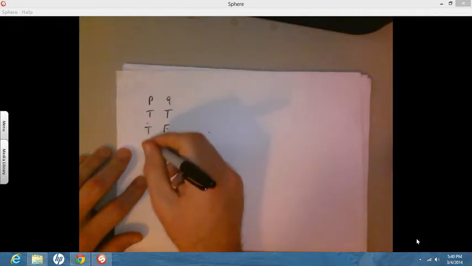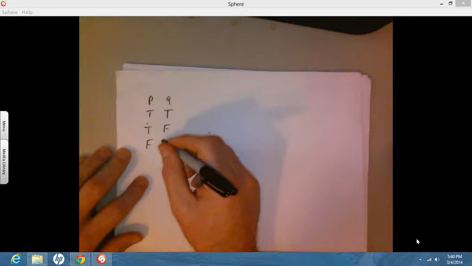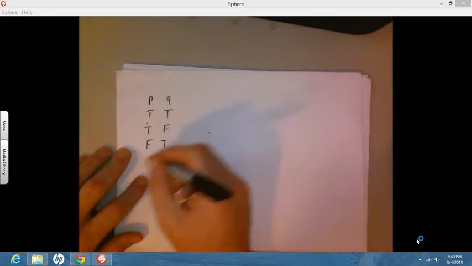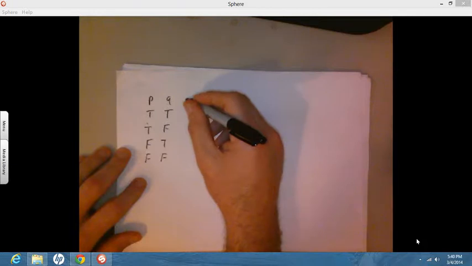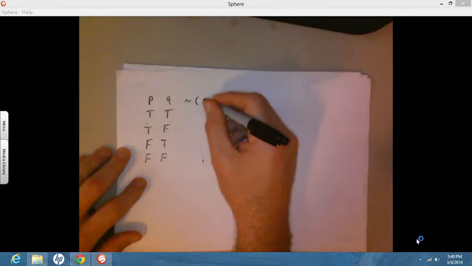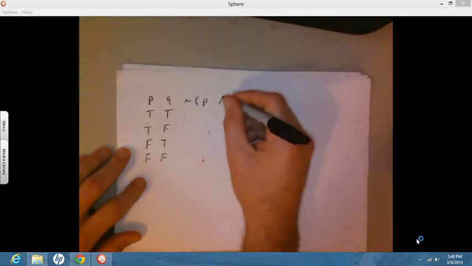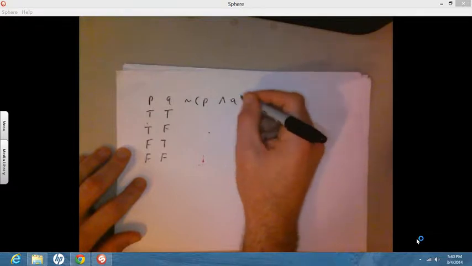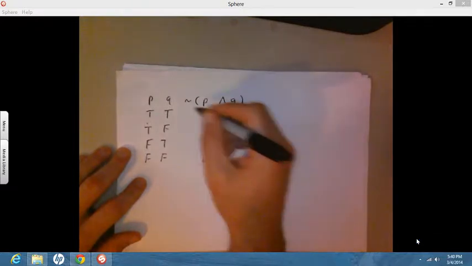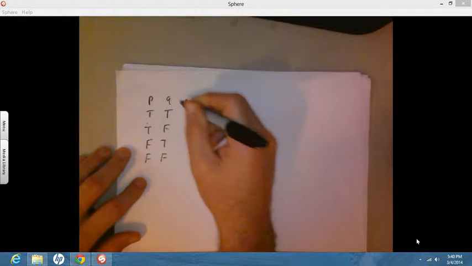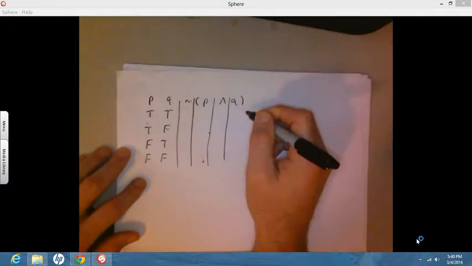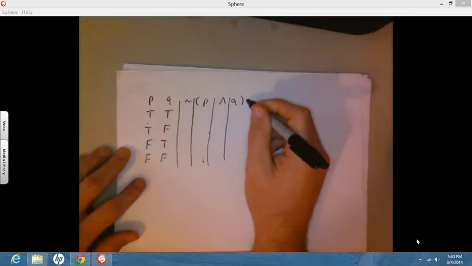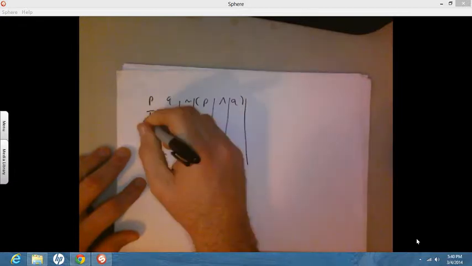In this case, I'm going to put a negation, and I'm going to have P and Q like this. Okay? Now the parentheses means you do the parentheses before you do anything else. Okay? So here's how this is going to work.